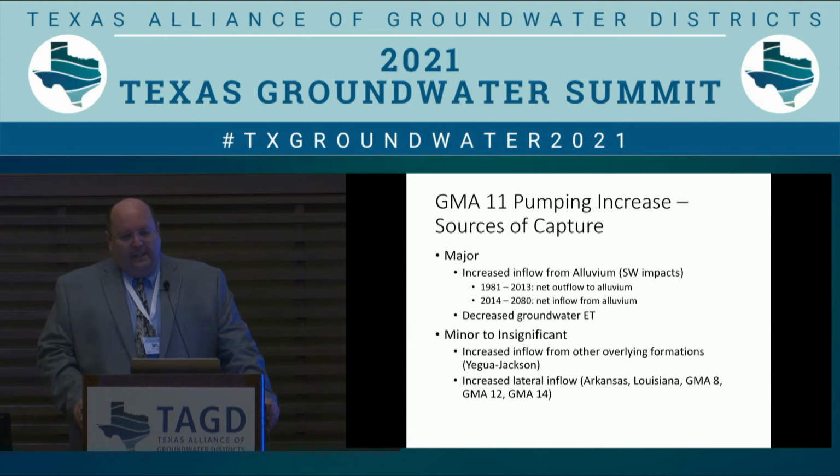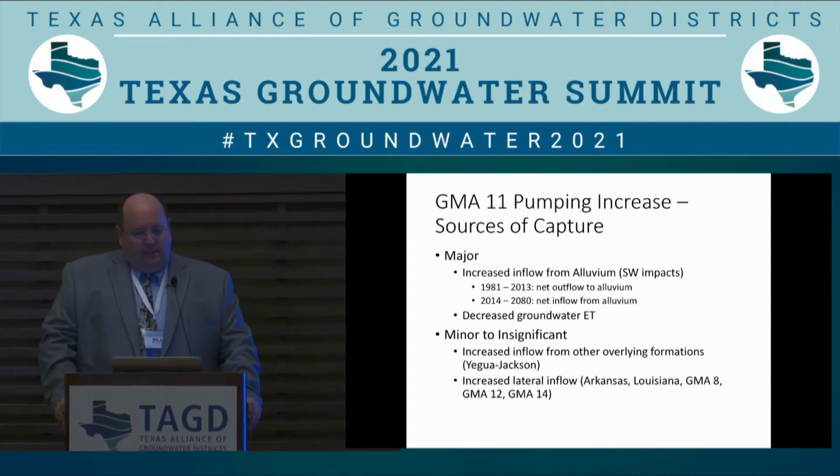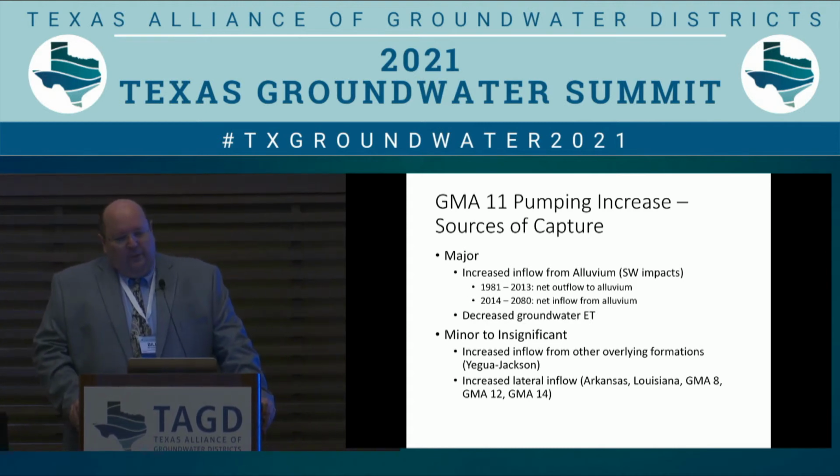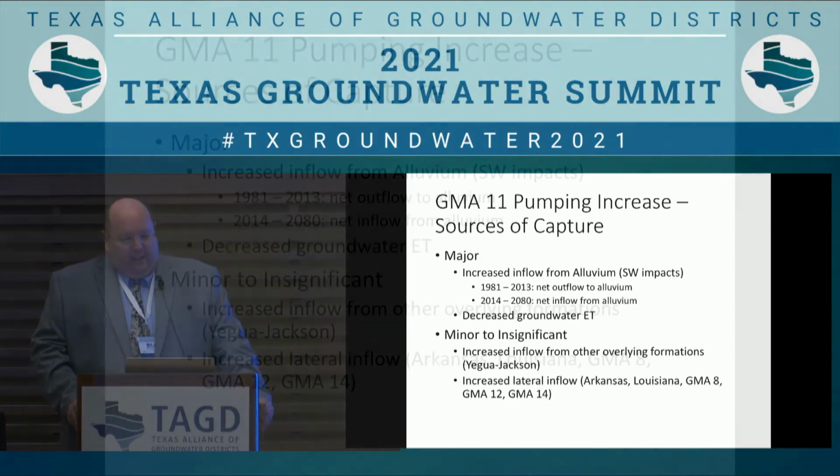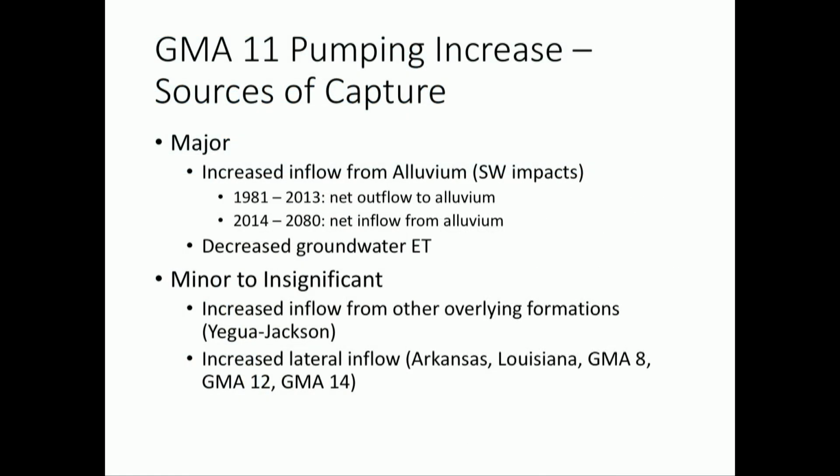So we can summarize that by looking at the increased inflow from the alluvium. That's your surface water impacts. From 81 to 13, this is a net gaining area. Net flow was from the groundwater to the alluvium and then ultimately to the rivers. From 14 to 80, it's now a net inflow from the alluvium.